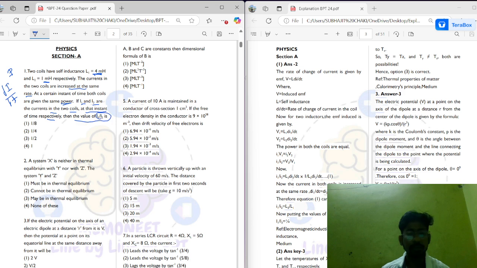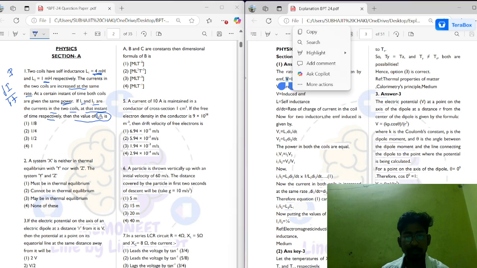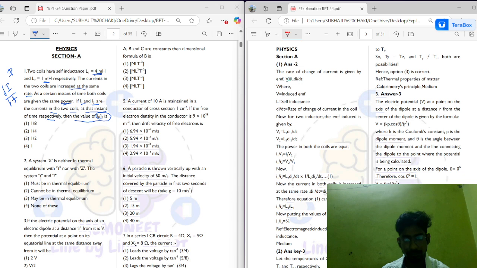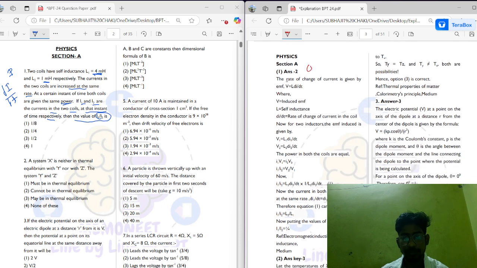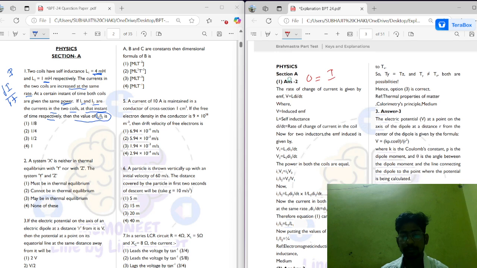Okay, first of all we know that V or EMF according to Faraday's law is equal to L di by dt. From that you know that phi equals Li.